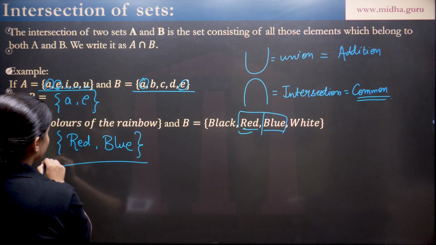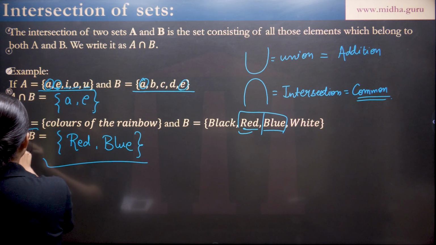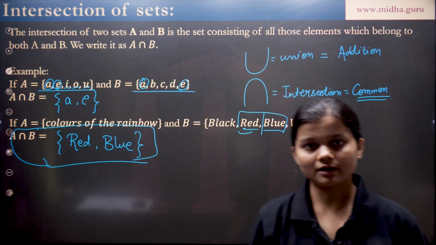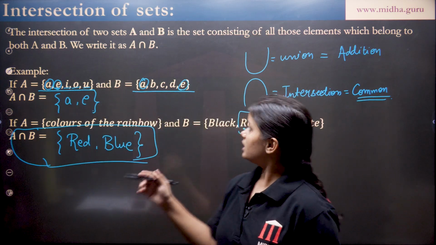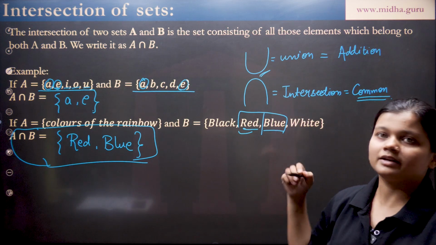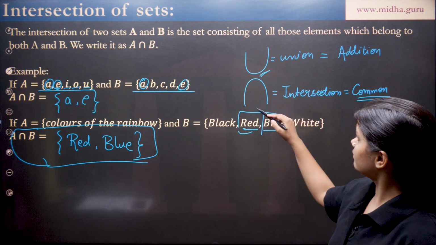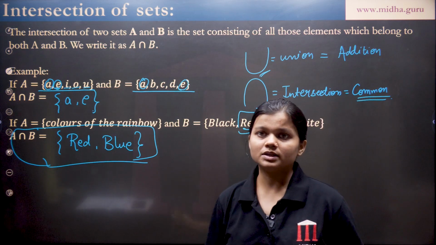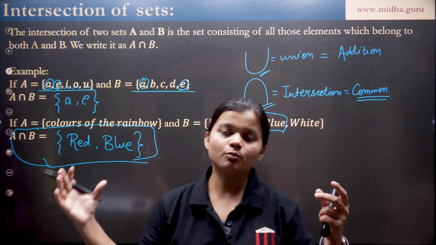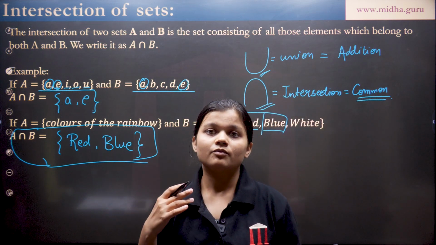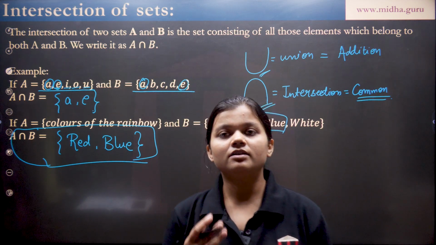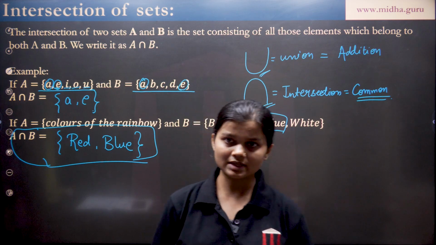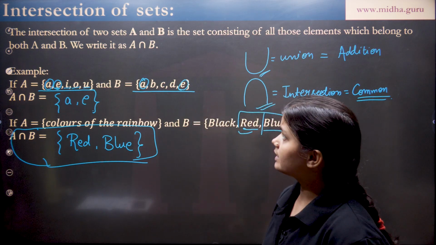So it is A intersection B. Okay, I hope this is clear. Union means addition, it can be represented by this sign, and intersection means common, which can be represented by this sign. Union means taking all the elements of both the sets without repeating any element, and intersection means taking the common elements between the two sets. Okay, I hope this is clear.